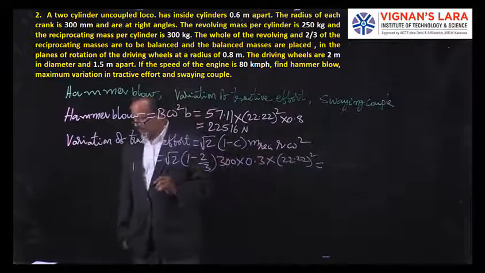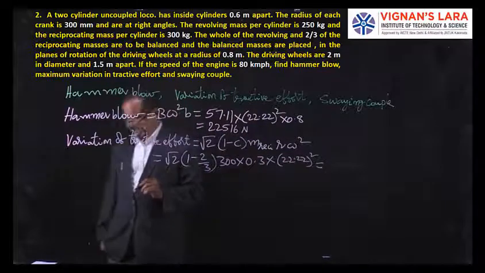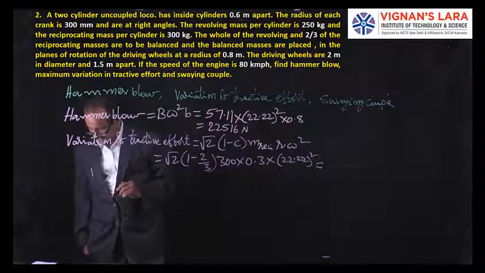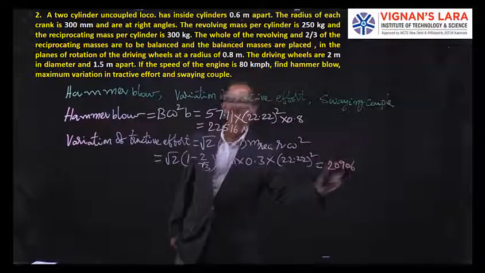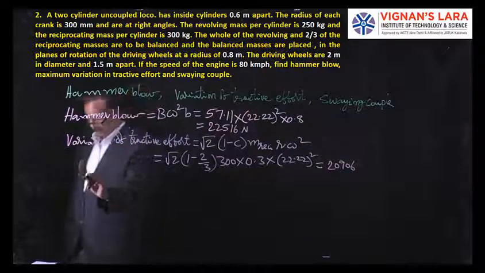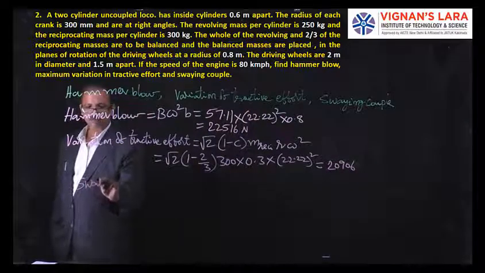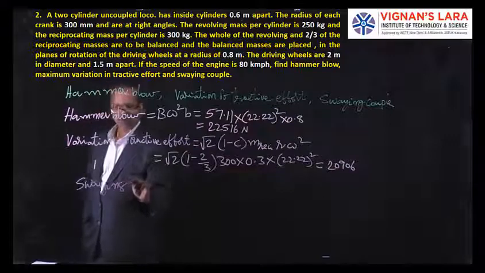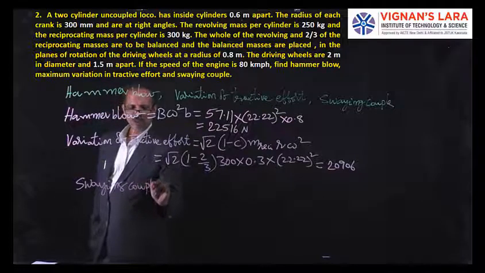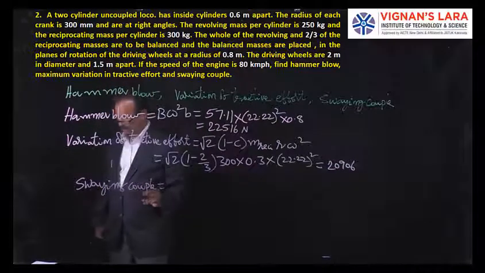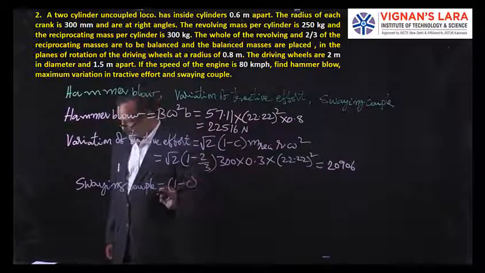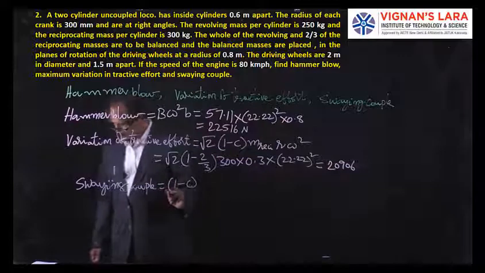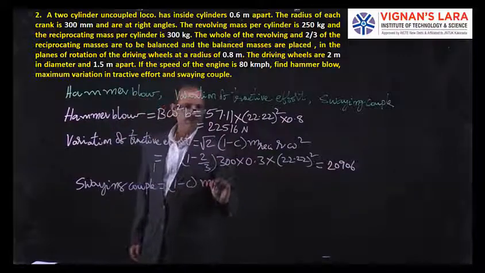Substituting this, you get the variation of tractive force as 20906 newtons. And the final one is swaying couple, given by the equation 1 minus C M reciprocating r omega square.